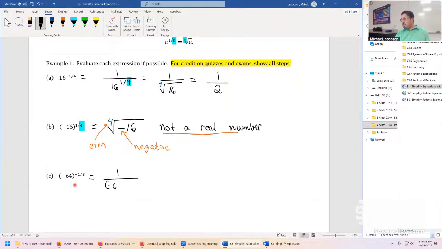The base is negative 64, so we just have to carry that part in exactly. The exponent, which was negative 1/3, is now a positive 1/3. Now we're taking the cube root of negative 64 in the denominator, so it writes in this way, equals 1 over the cube root of negative 64.